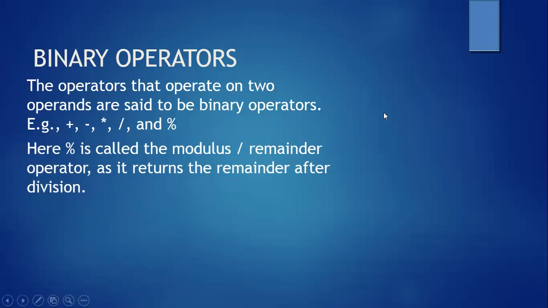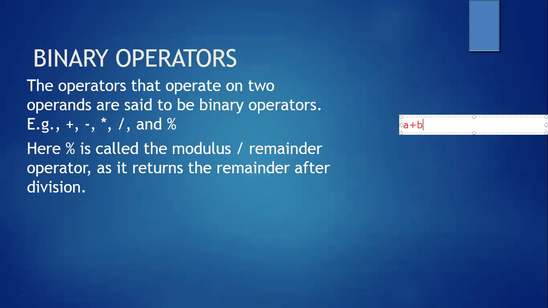Here, if I write a plus b, I'm using the plus sign as a binary operator. My operator is plus, but you will find that it is acting on two operands, a and b. We can call them variables. So that's why it is a binary operator.